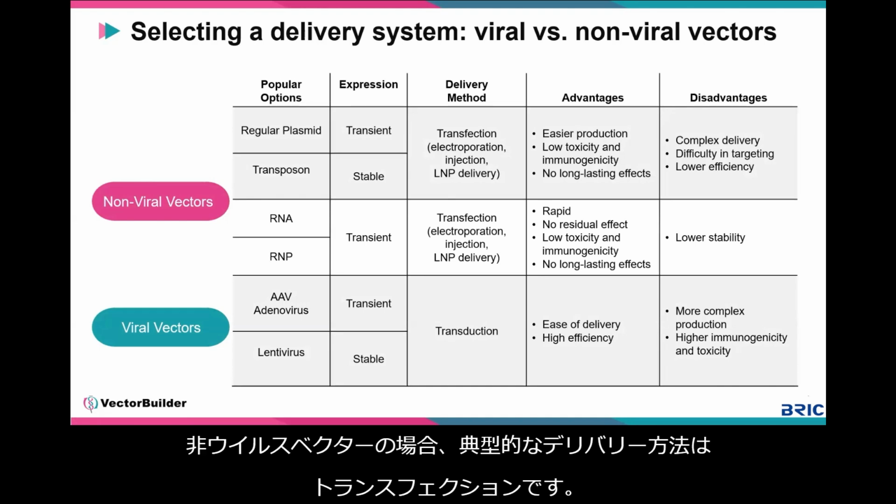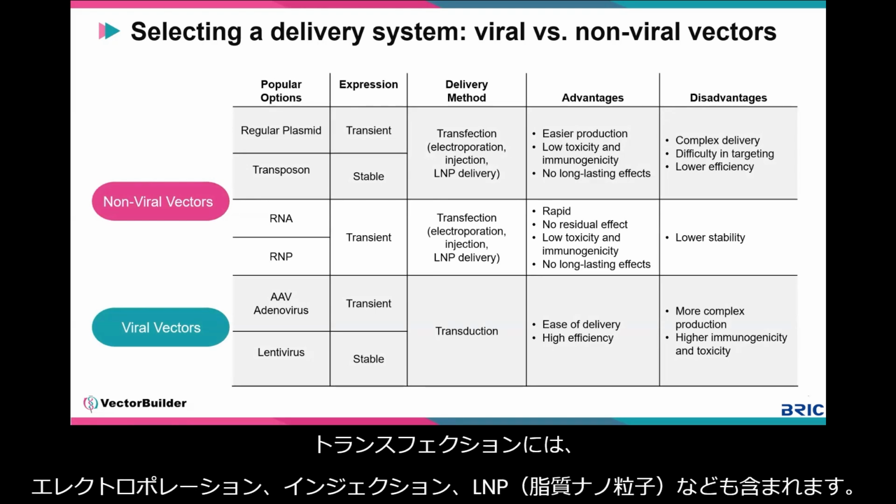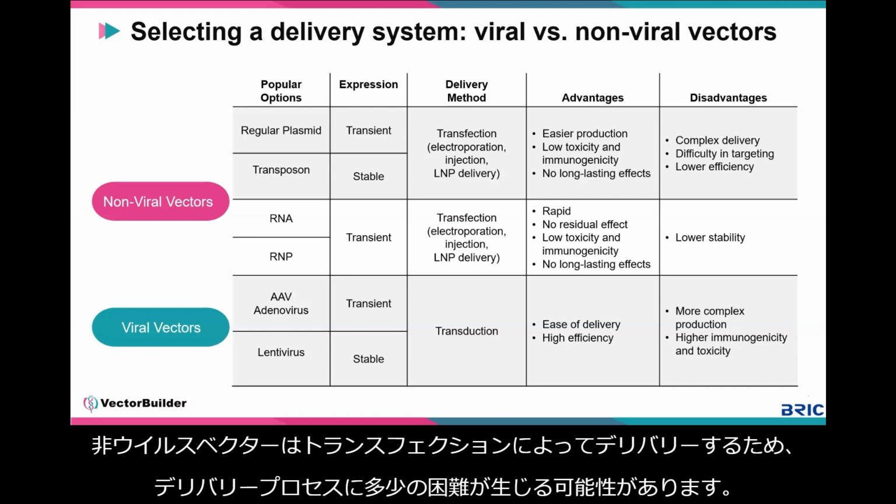So for non-viral vectors, the method of delivery is typically transfection. This could include methods like electroporation, injection, lipid nanoparticle mediated delivery. And because non-viral vectors have to be delivered through transfection, there is some difficulty in the delivery process itself.